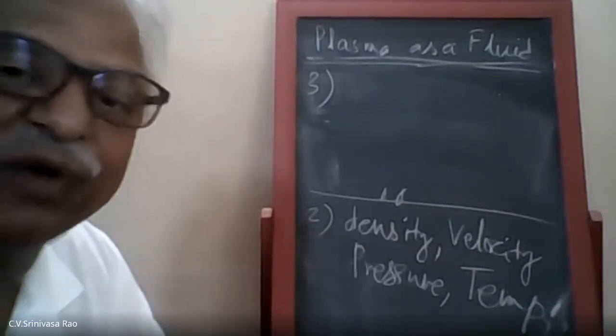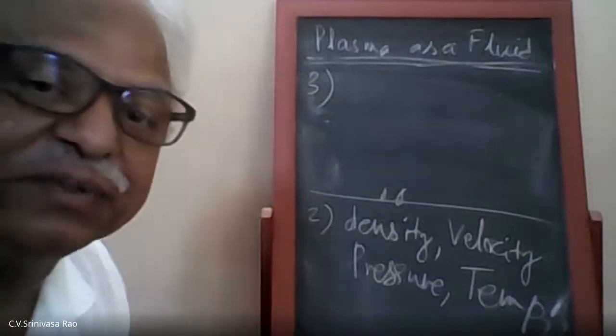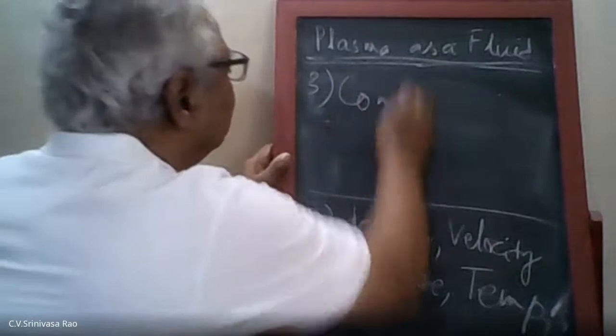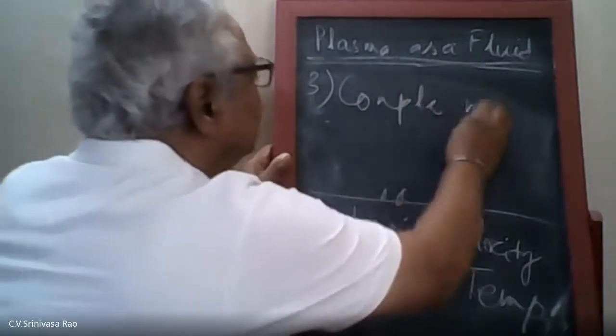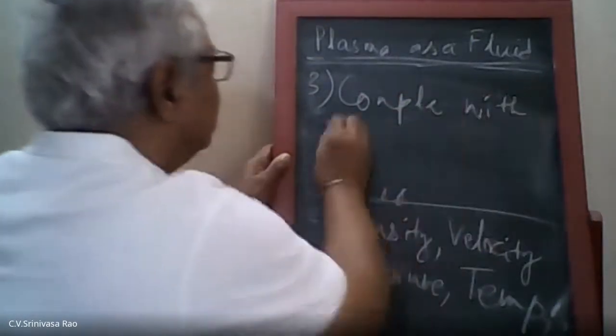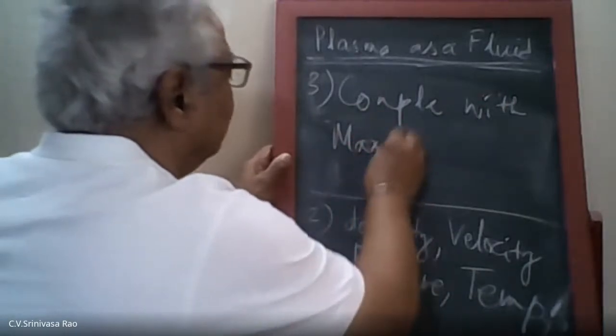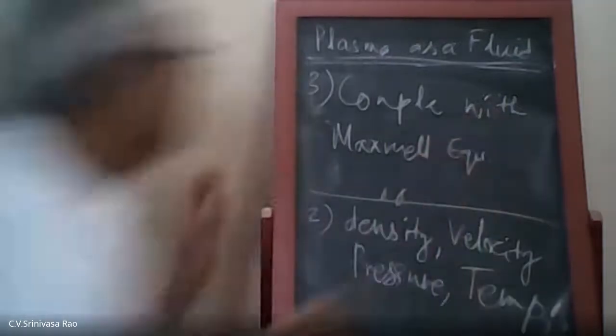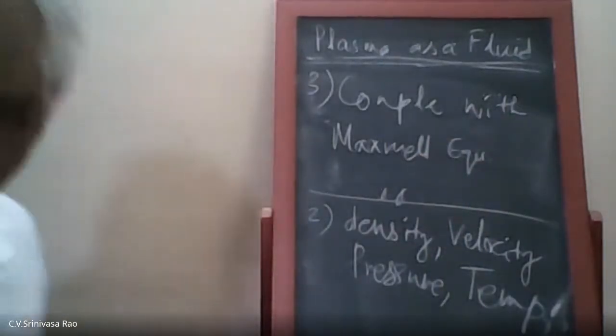So you will not be able to solve to get all the parameters. So what you have to do now is couple with Maxwell's equations. This will be step three.